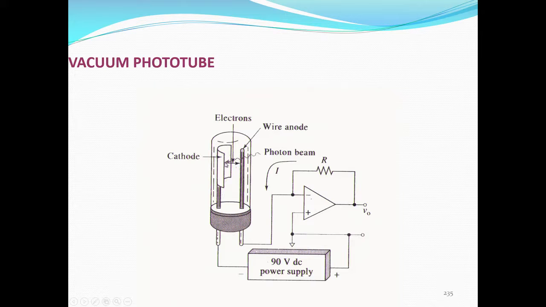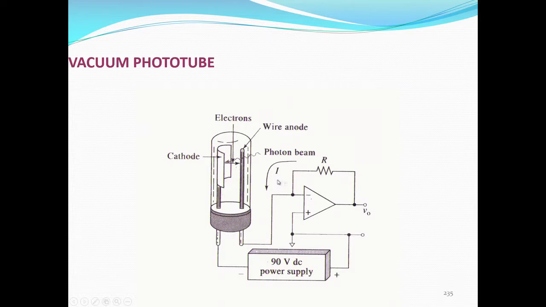The electromagnetic radiation will be coming and falling on the cathode, and depending upon the coating of the cathode, the work function of the material with which it is coated, electrons will be released, which will be collected on the wire anode. Anode is in the form of a wire and cathode is in the form of a small concave plate.